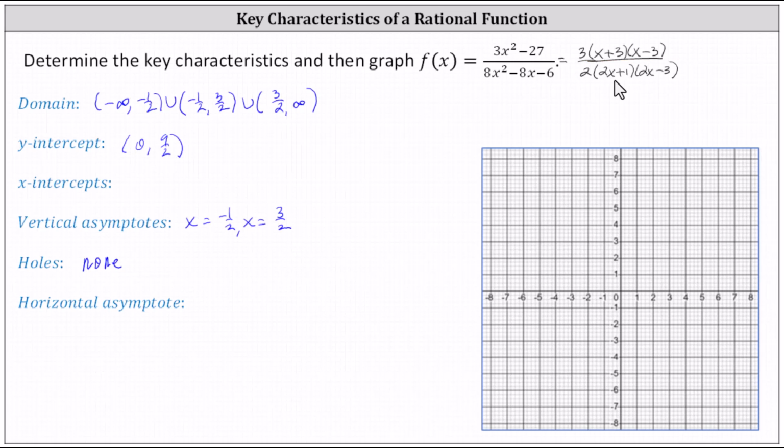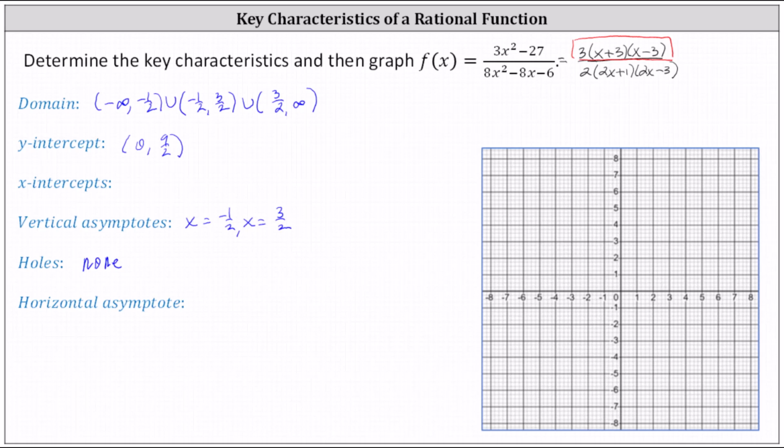And now we'll determine the x-intercepts, which are the x values for which the function value is equal to 0. A fraction is equal to 0 when the numerator is 0 and the denominator is non-zero, which means to determine the x-intercepts, we need to determine the zeros of the numerator. Well, x plus 3 is equal to 0 when x equals negative 3.